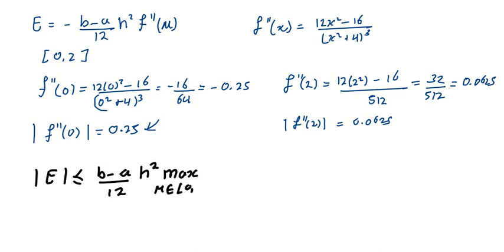That's supposed to be a comma b, but since you already know what it is, multiply by the maximum of the absolute value of f prime prime of mu, or x. Let me just put x here like this. Okay, so that's what that means.